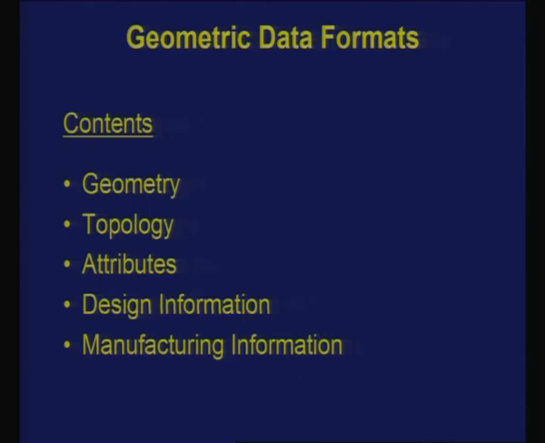Now, when you say that a geometry is stored in the form of a file, what would be its contents? It will have geometry, and it will also store topology, like we have discussed in our earlier lectures that geometry and topology are different.